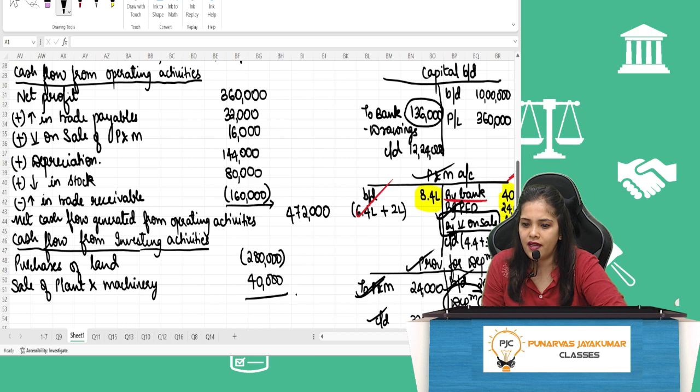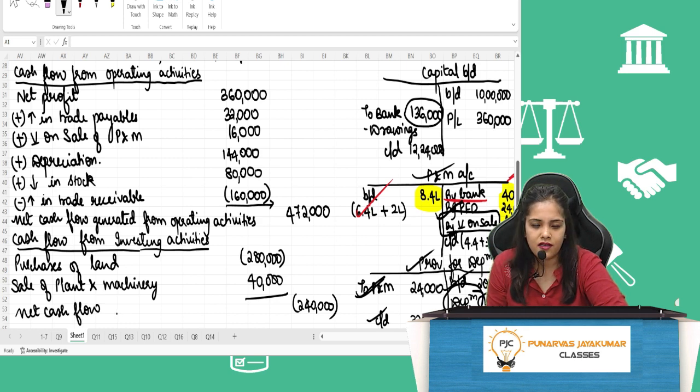This will be negative 240. Net cash flow used in investing activities.